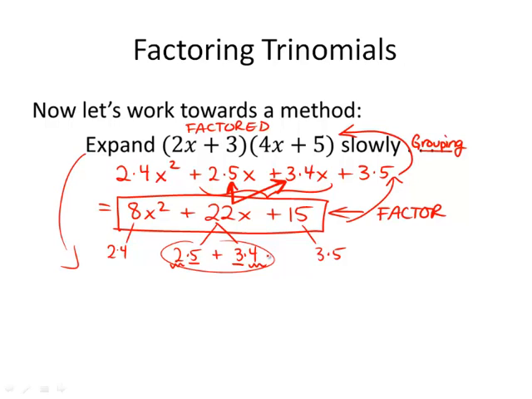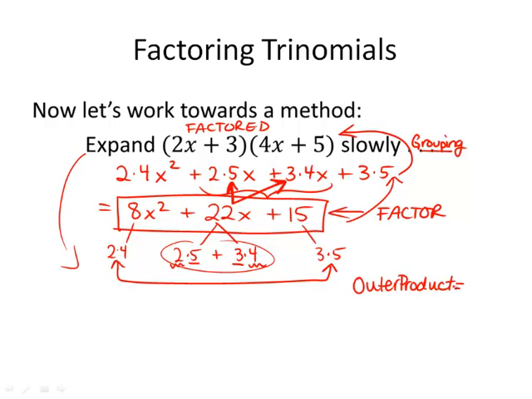Can we make a generalization? Well, let's just look at the outer product. So let's take a look at outer product. That means multiply the first coefficient by the last term.